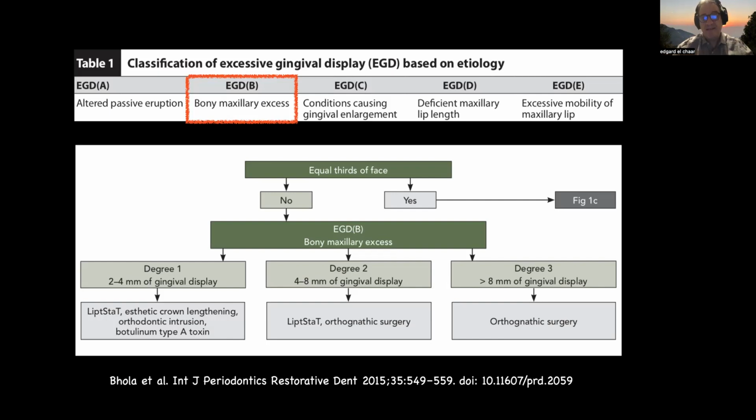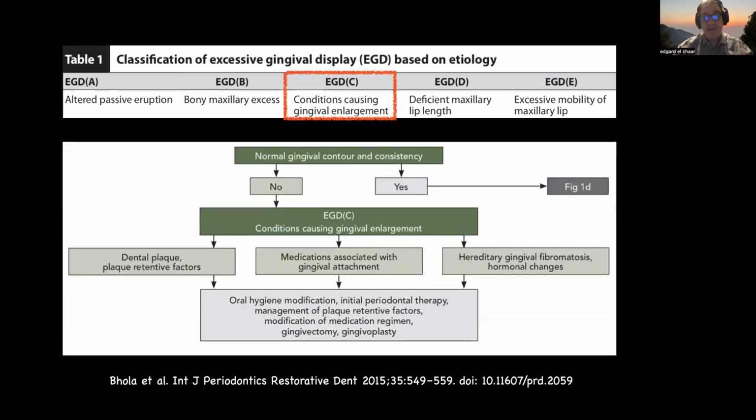Having said that, we can have a third one, which is enlargement of the gums. The enlargement of the gums can be due to inflammatory disease, which is gingivitis, meaning plaque buildup, inflammation and overgrowth of the gums, or it can be due to medications.